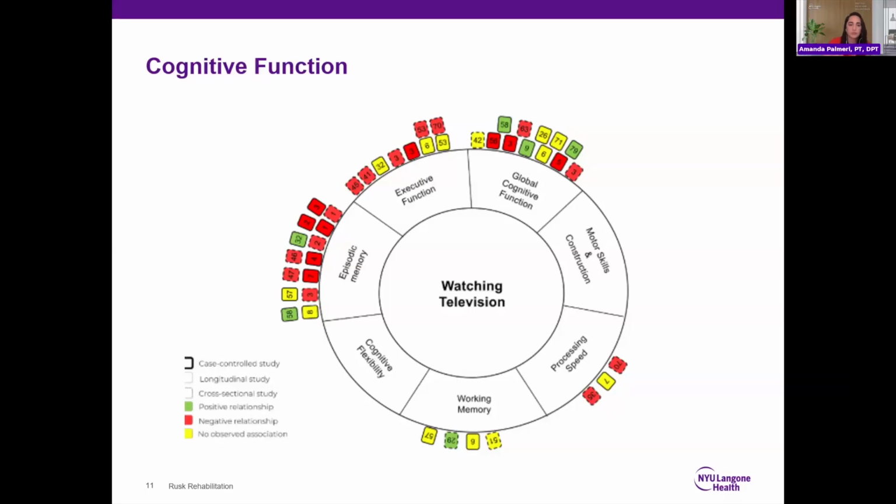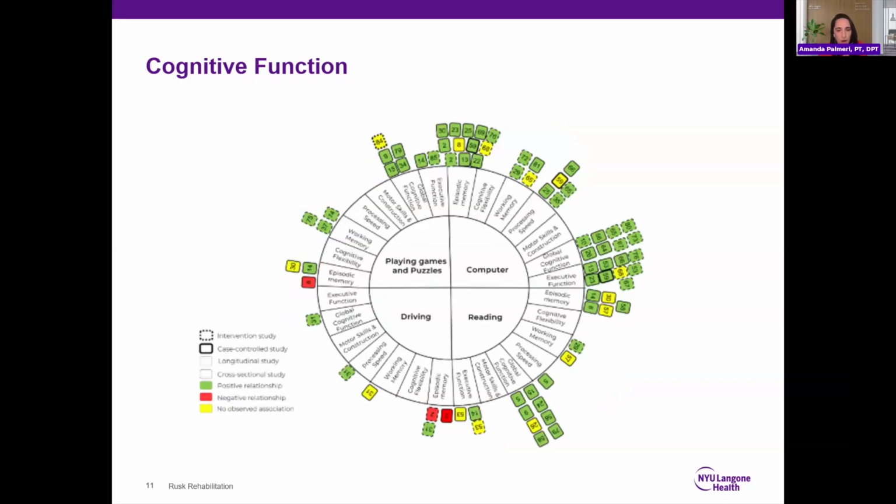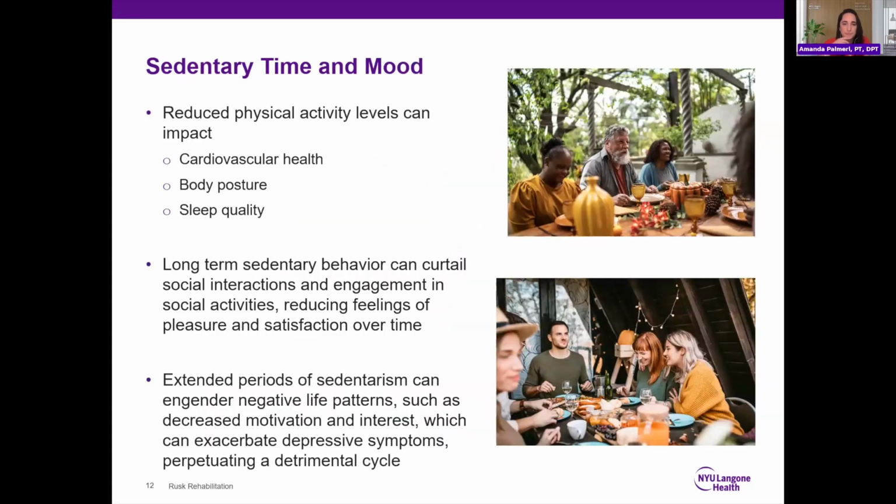And just to show you, these red boxes are showing what they're calling a negative relationship versus when we are doing something where we are playing games or using a computer or driving or reading. It does appear that there's a little bit more positive relationship when we are doing something in the sedentary position. So I thought it was interesting and wanted to pass along here as a way to differentiate something like television watching versus others.